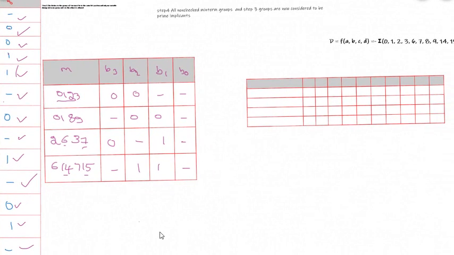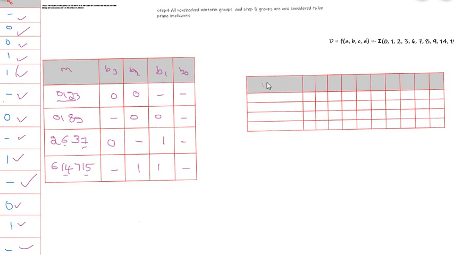In step 4, all groups in step 1 and step 2 are checked, so we are not considering any group from there. From step 3, whatever terms we have, we take all of them as they are.